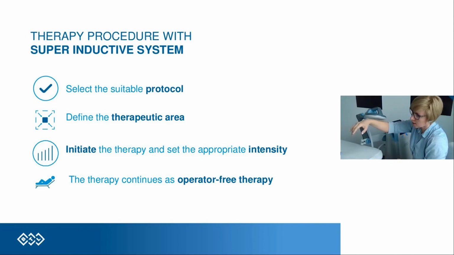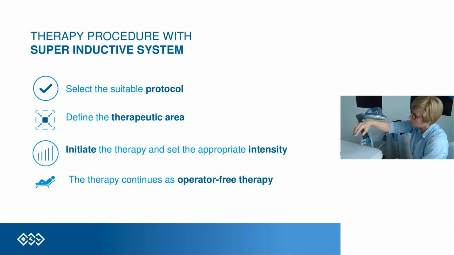Of course, in this case, if I want to create the muscle stimulation and muscle contraction, I should apply much bigger intensities, because if I would have full contact with the skin, I definitely would have to decrease the intensity of the electromagnetic field.